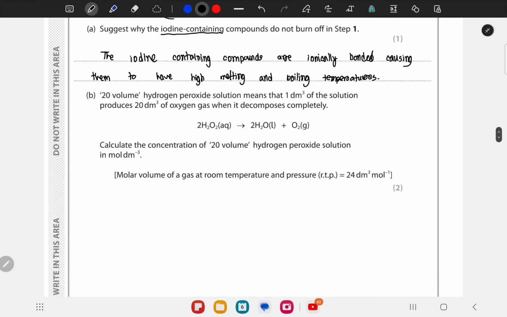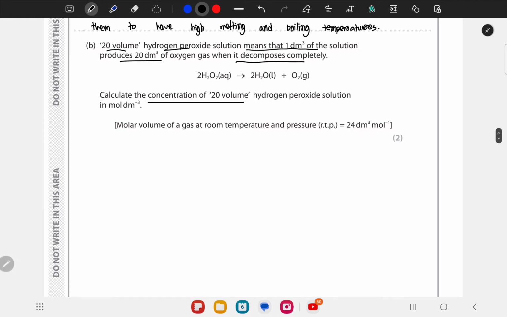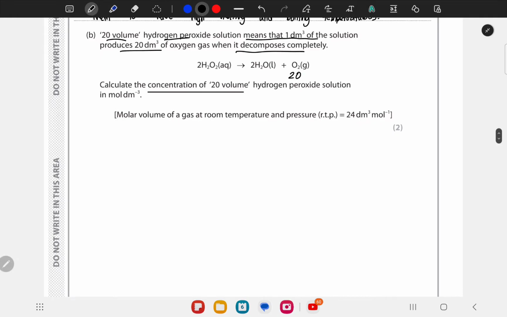Now in part B, we are told that 20 volume hydrogen peroxide solution means that 1 dm³ of the solution produces 20 dm³ of oxygen gas when it decomposes completely. We have to calculate the concentration of 20 volume hydrogen peroxide solution. So the volume of oxygen produced would be 20. We'd have to use the ideal gas equation, PV equals nRT.